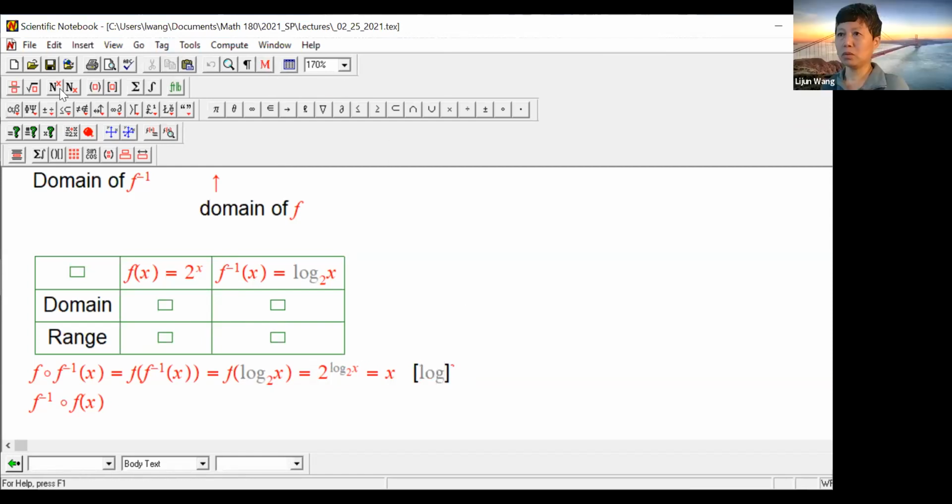Log base 2 of omega equals triangle if and only if 2 raised to the power triangle is the same as omega.